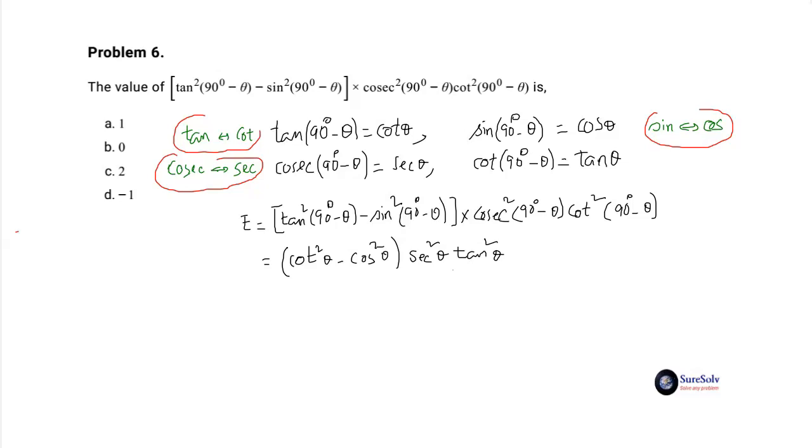Now break open the brackets and multiply sec square theta tan square theta with the two terms of cot square theta minus cos square theta. Cot square theta gets neutralized by tan square theta, leaving sec square theta for the first term, and cos square theta gets neutralized by sec square theta, leaving tan square theta for the second term. By neutralization, I mean the product of the two results in 1.